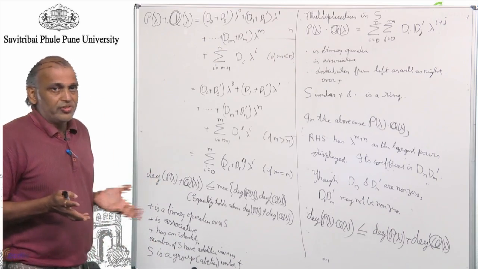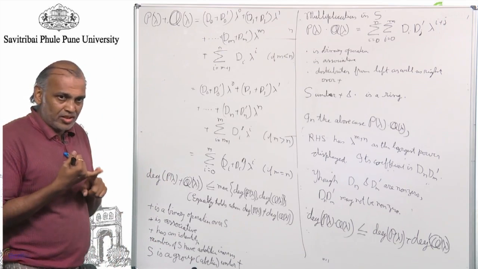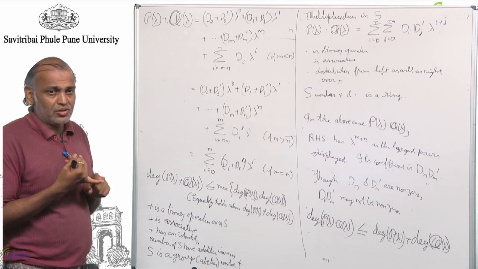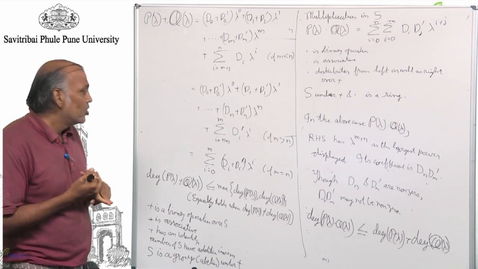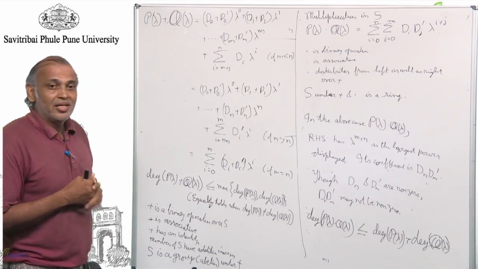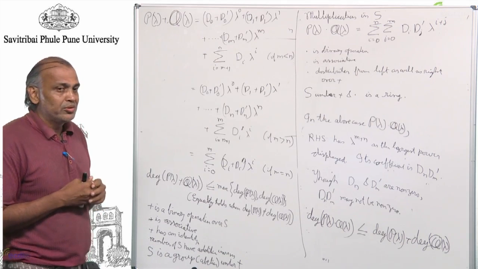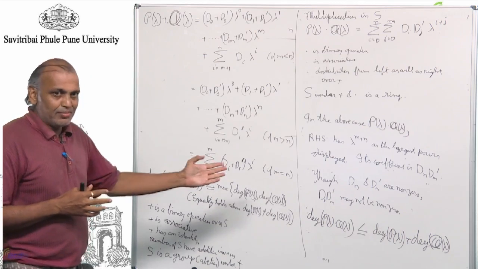So what has all of this got to do with the Cayley-Hamilton theorem? We discussed the ring of polynomials in lambda with p by p matrix coefficients. What has this got to do with the Cayley-Hamilton theorem that we are going to work out? This is what we will see in the next part of this lecture.